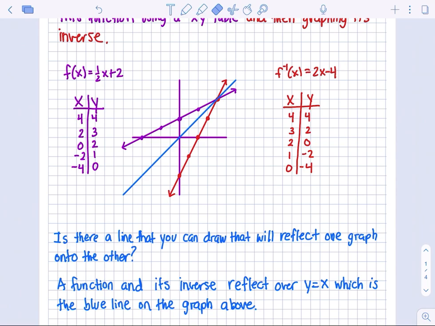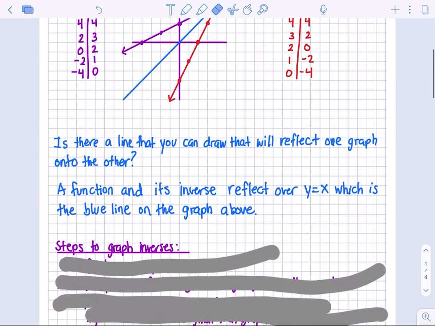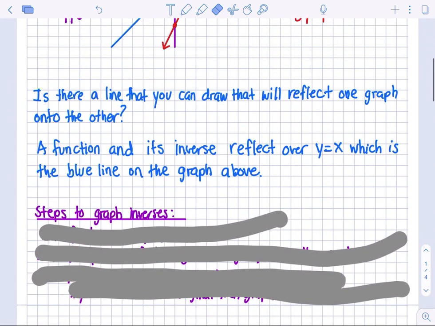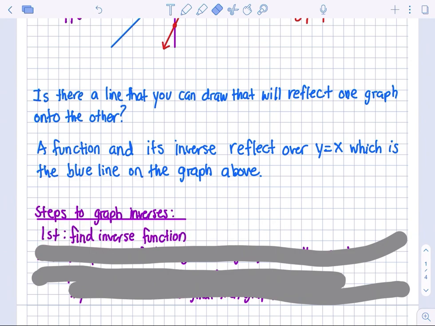Alright, so below, here are the steps on how to graph inverses. Now remember, this applies to any type of function as long as it's invertible, but with each type of new function, there are certain techniques you have to do in order to graph. The first one, you find the inverse of your original function.